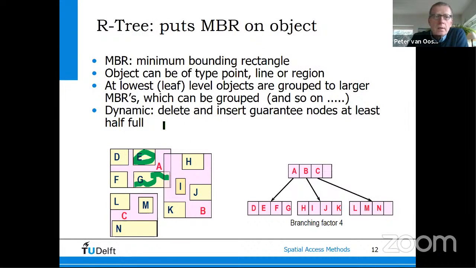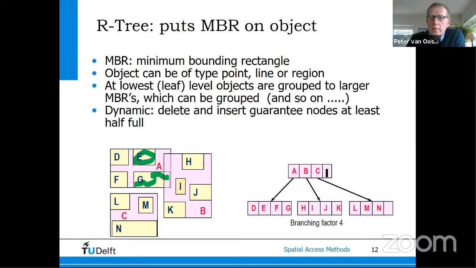And the cool thing is that the R-tree is a dynamic structure. You can keep on deleting and inserting new objects. And it is guaranteed that the nodes will at least be half full.